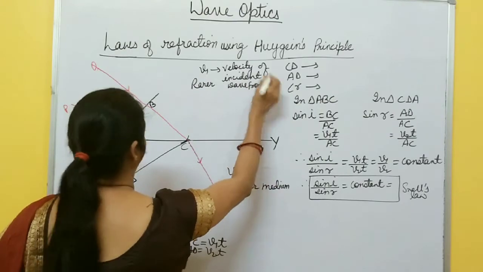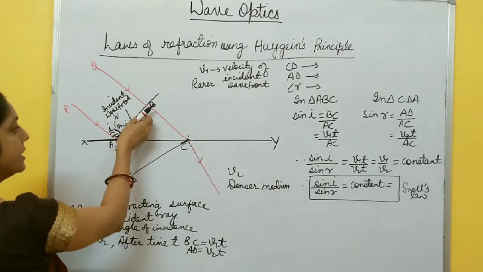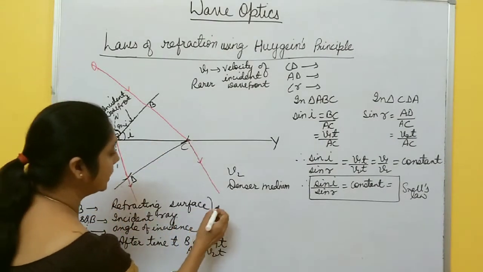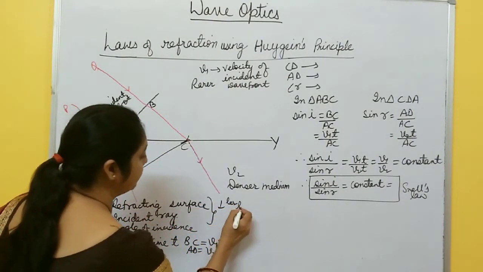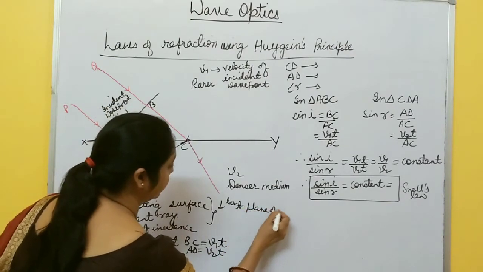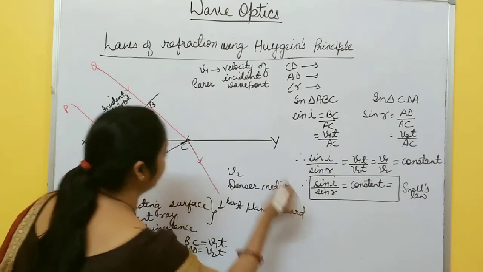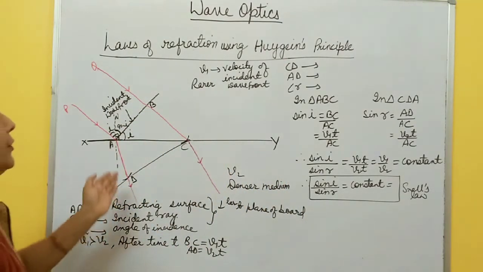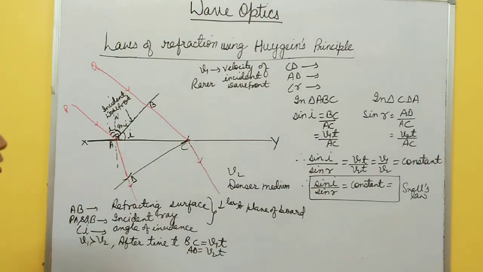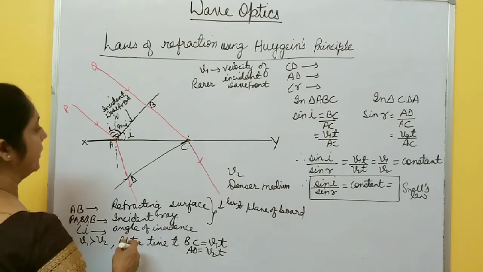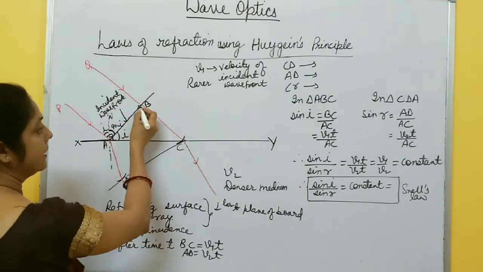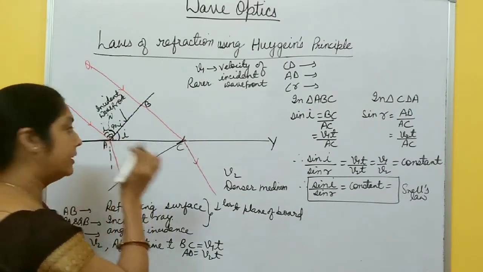And here also this incident wavefront and this refracting surface, these both are perpendicular to the plane of paper. You write here, I am writing the plane of board, okay? Again I am going to use Huygens' principle to draw refracted wavefront. How you draw refracted wavefront? You know that according to Huygens' principle, each point acts as a source of secondary disturbance.